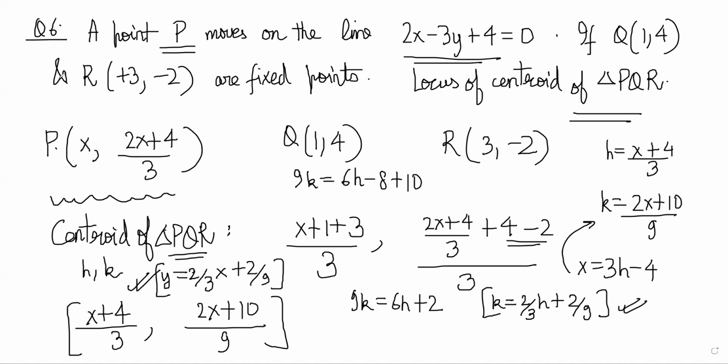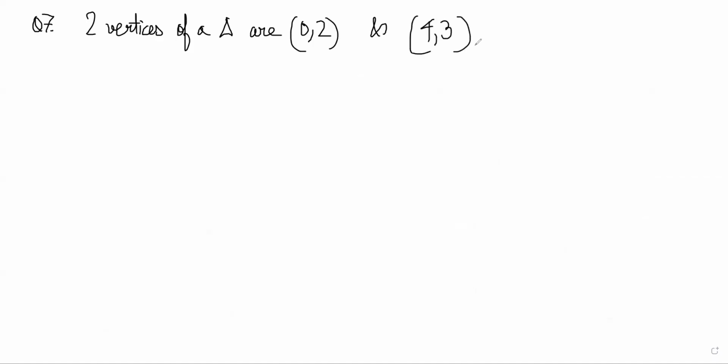The next question says, two vertices of a triangle are 0, 2 and 4, 3.